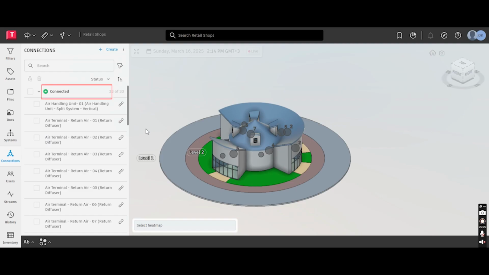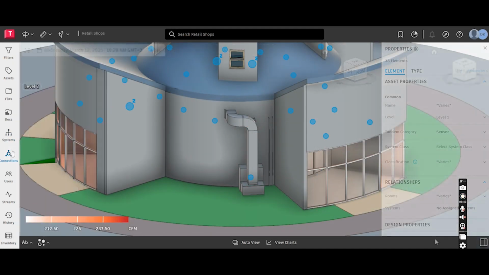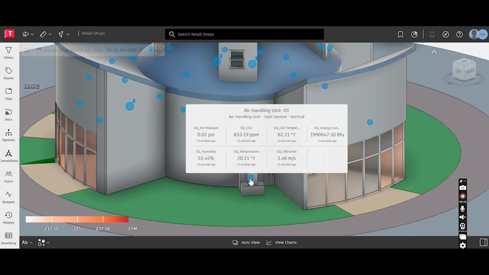Okay, now our digital twin is fully connected, and is receiving the sensor data in real time, successfully. Now, let's have a look at the real-time sensor data received, of mechanical equipment.